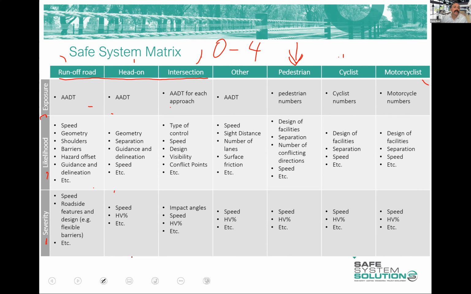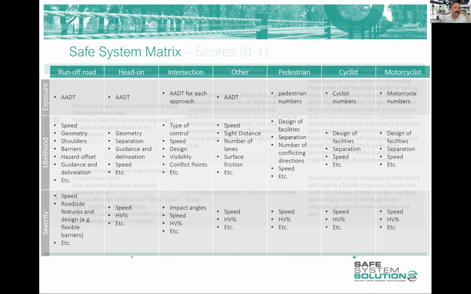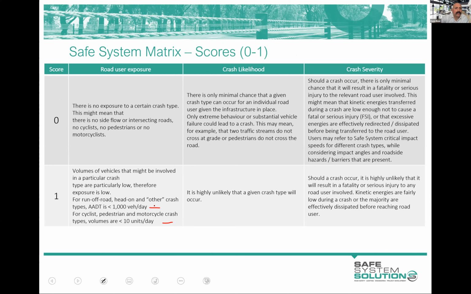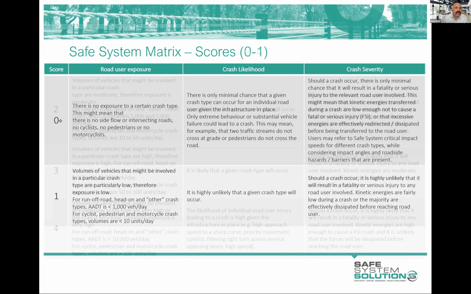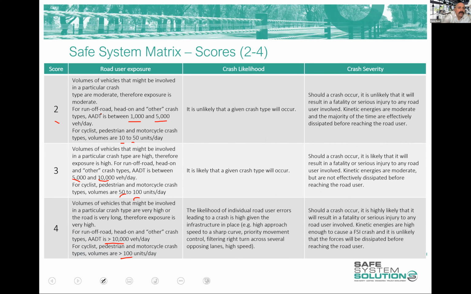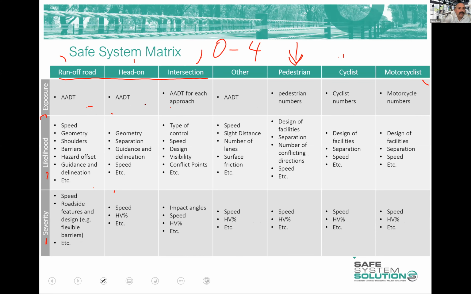You look through and ask, is that less than 1,000? No. Is it between 1,000 and 5,000? Yes, so I'm going to take a 2 and pop a 2 in there. And because we're using the same AADT for head-on, we pop a 2 in there as well.